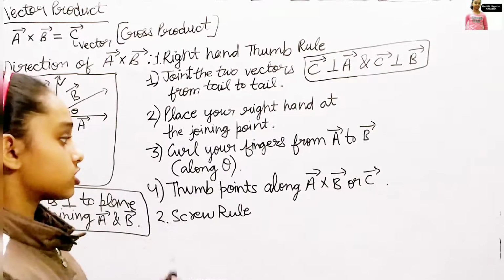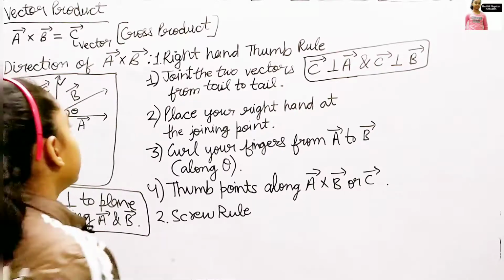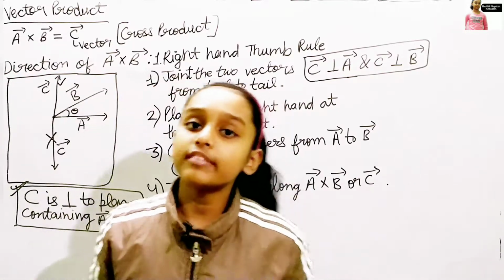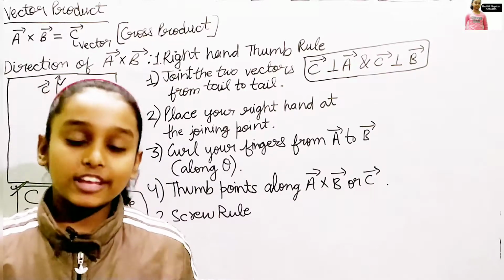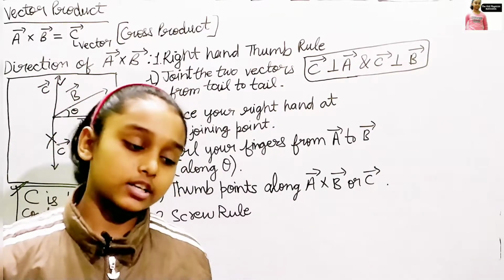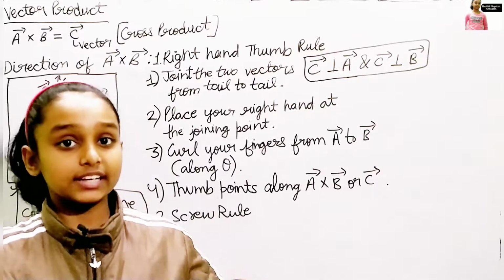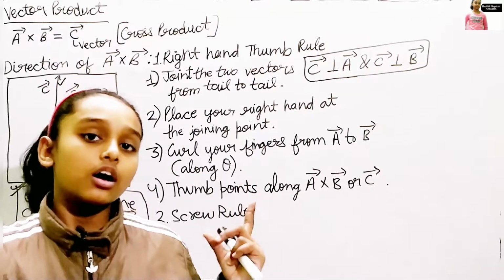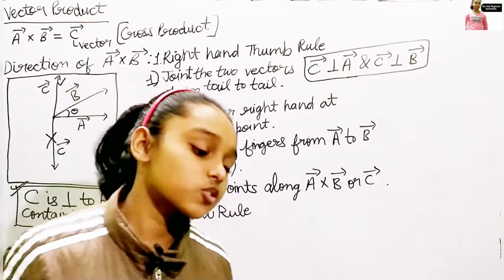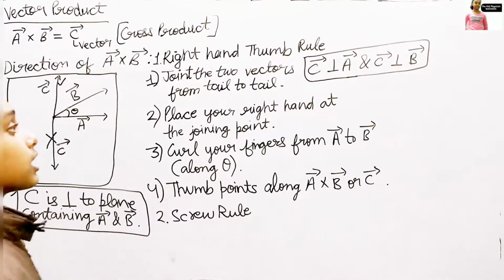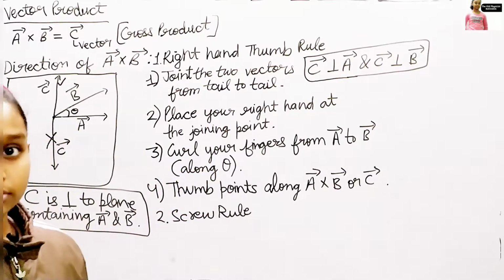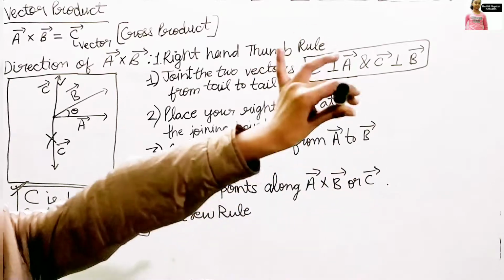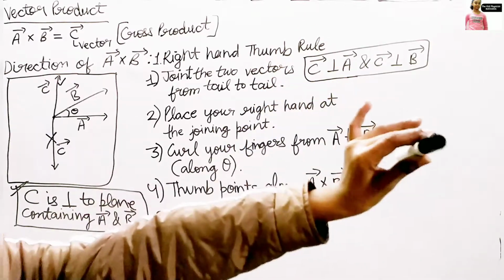I'm only just telling you, then over. Yeah, so now through the screw rule we are going to see how we can find the direction of the cross product of any two vectors. Of course, cross product. Yeah, so let me just take an example of a screw.